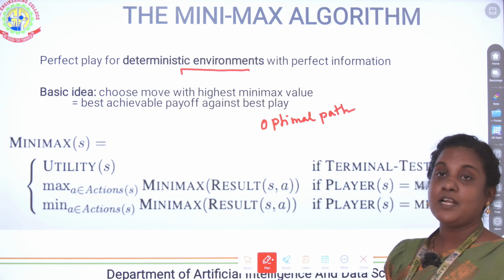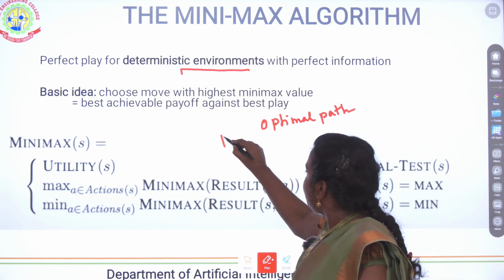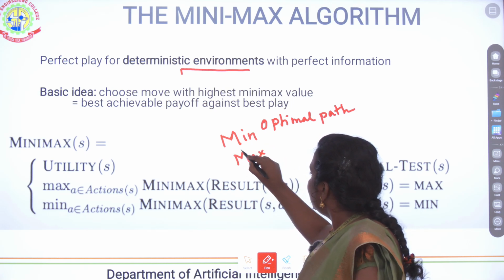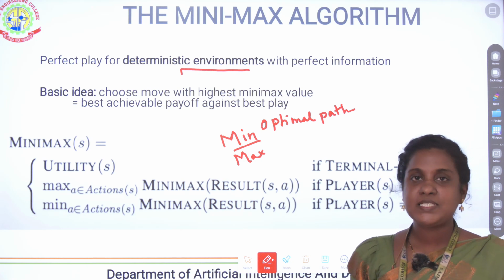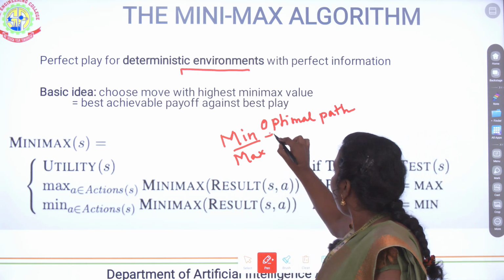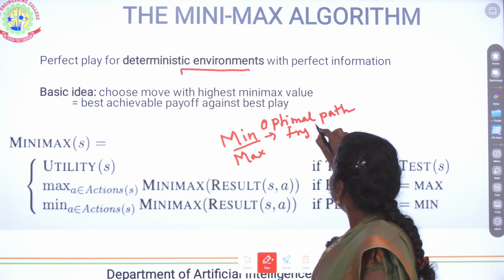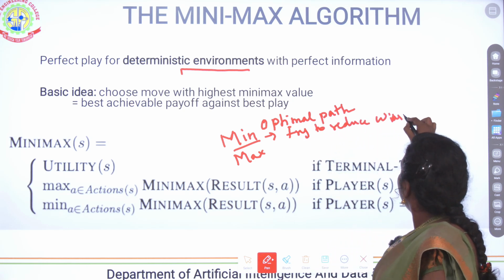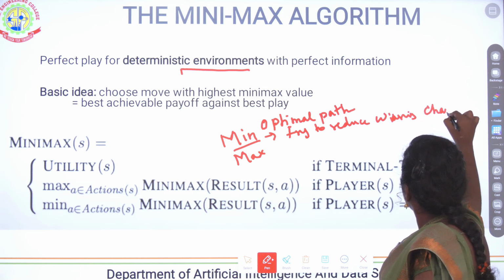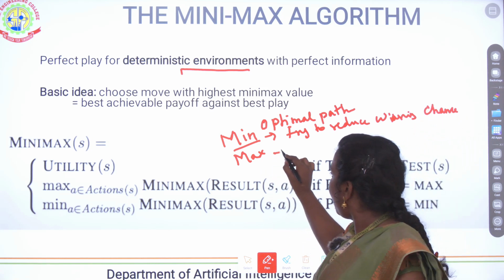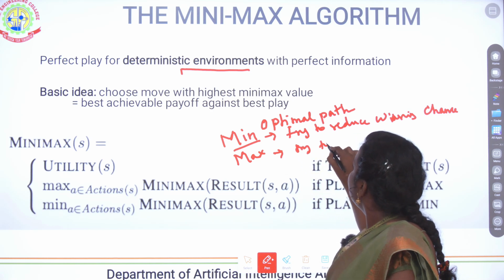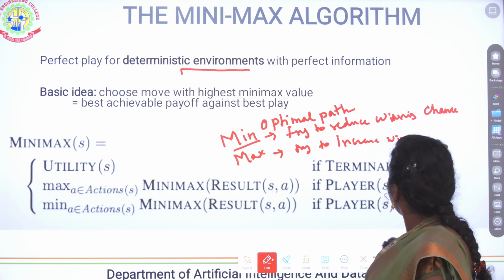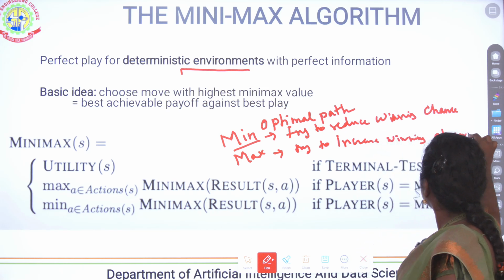There are two players, one is the min player and the other is the max player. The min player always tries to reduce the winning chance of the max player, and the max player always tries to increase its winning chance.